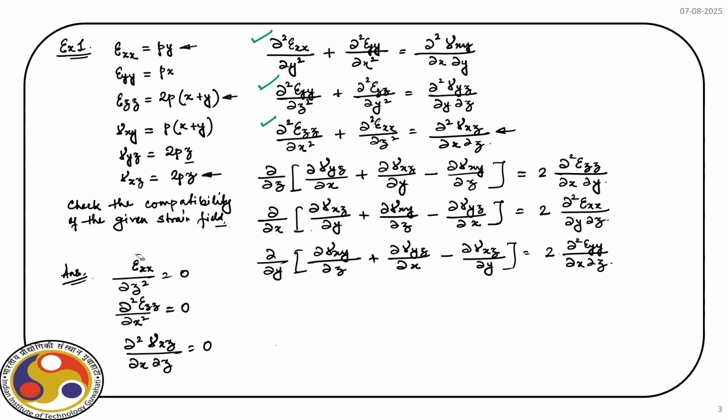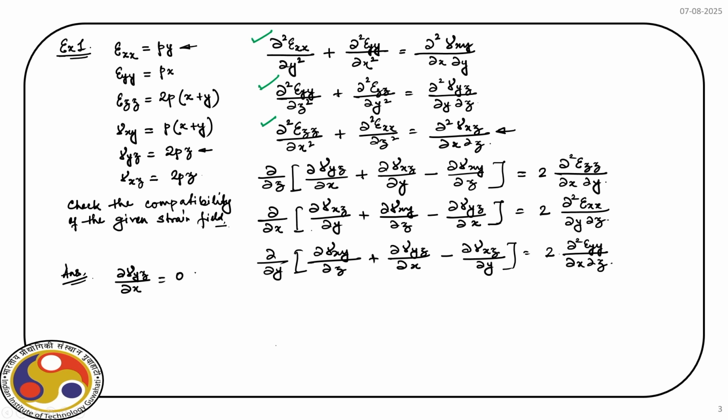Now, we have to check the remaining 3. Let us do it one by one. Okay. So, what we have here, gamma yz differentiated with respect to x. Gamma yz is not a function of x, so obviously this will be 0.